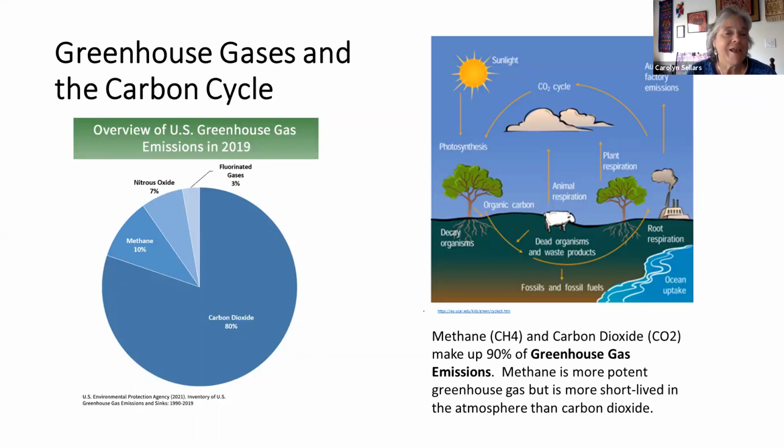Actually, methane is an even stronger greenhouse gas, but it doesn't last as long in the atmosphere. Then there are fluorinated gases and some nitrous oxides. But 90% of the greenhouse gas problems are either methane or carbon dioxide, and what both of those have in common is carbon. So the carbon cycle is this picture here.